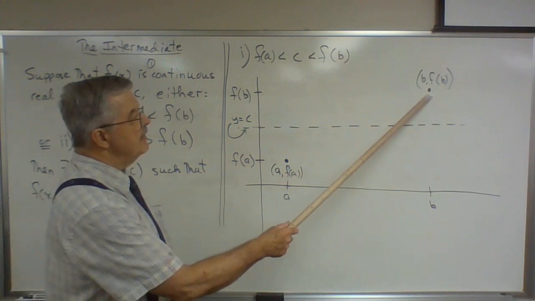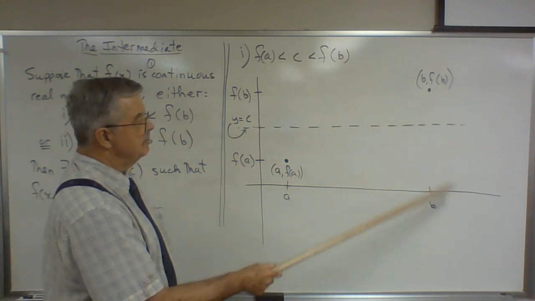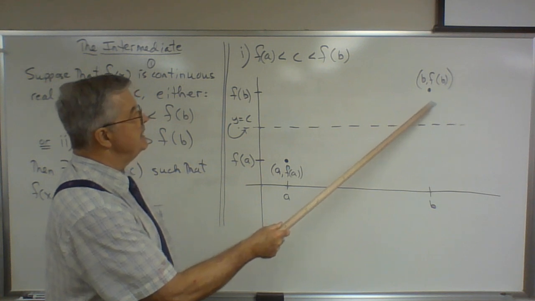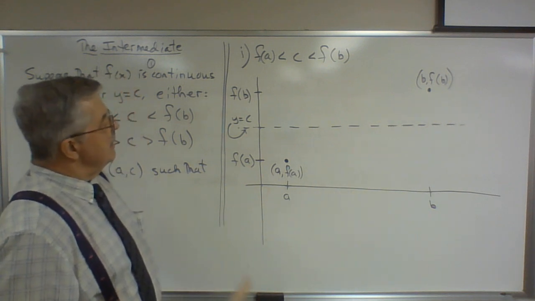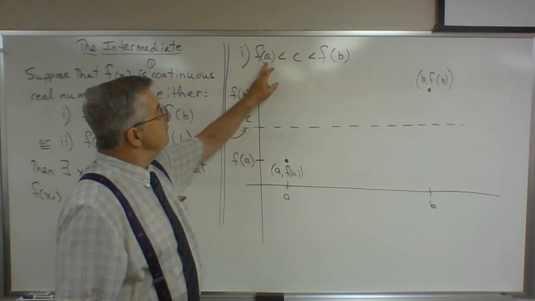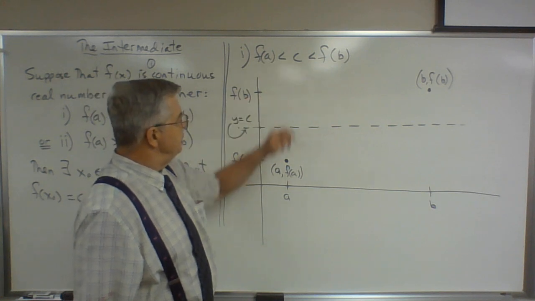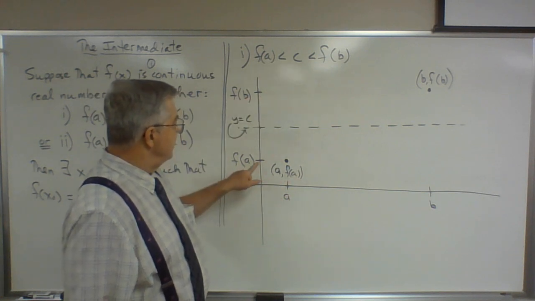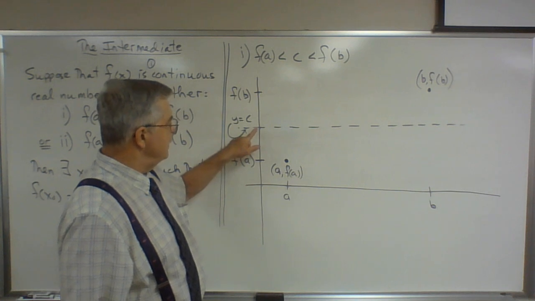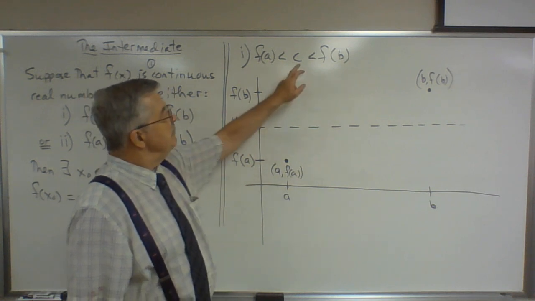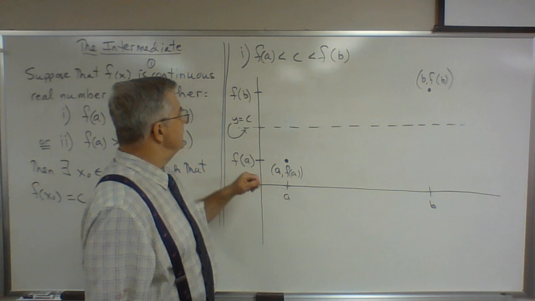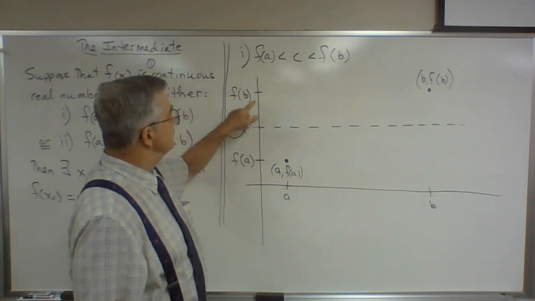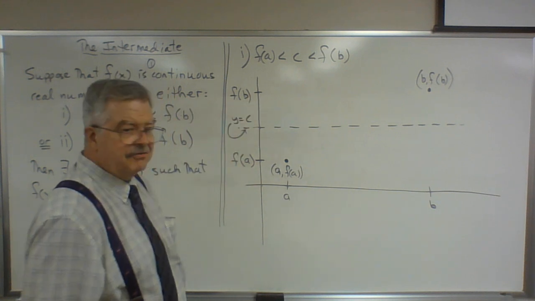Here's the point on the graph of f of x, b, f of b. And we can see that f of a is less than c. f of a lies below c on the y-axis. And c in turn is less than f of b. c lies below f of b on the y-axis.